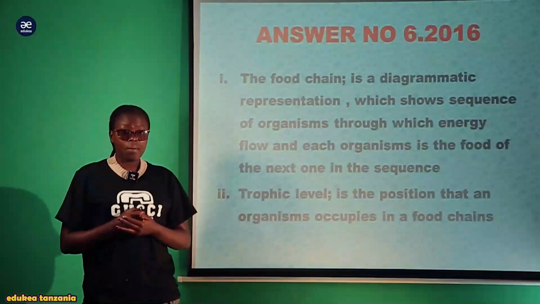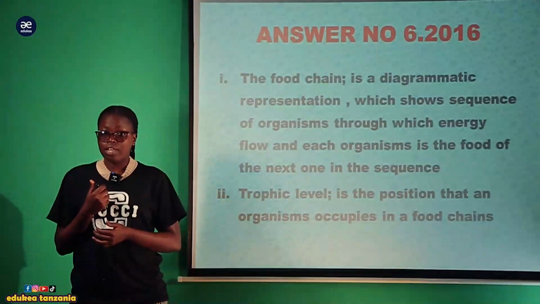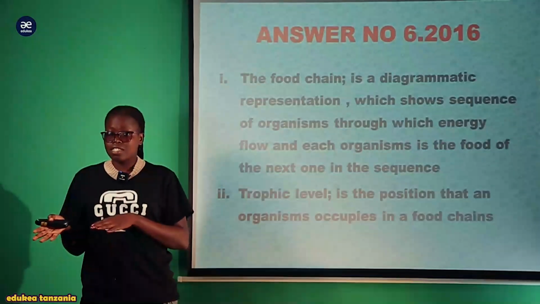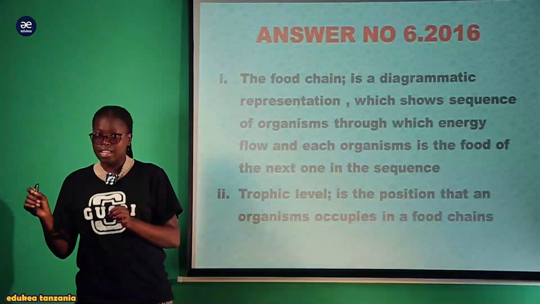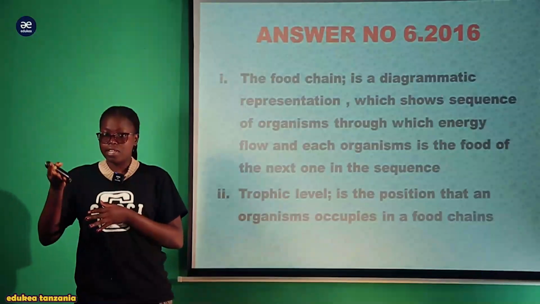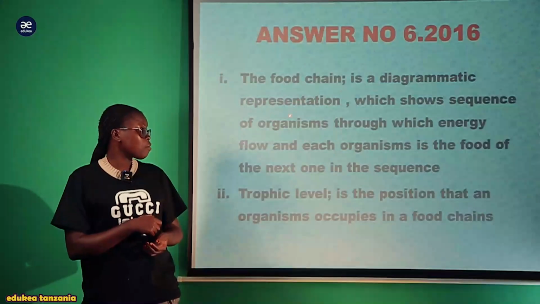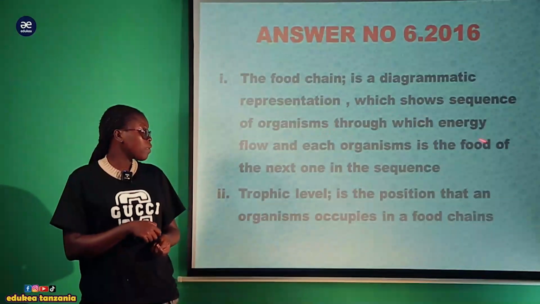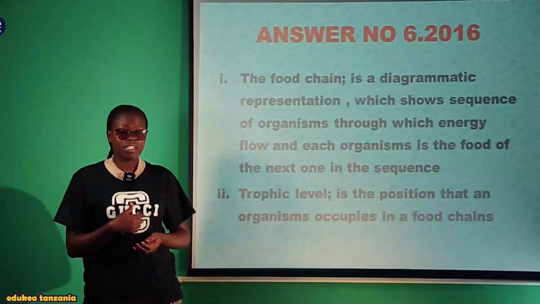Starting with the first one, you are needed to give the definition of the food chain. Once we talk about a food chain, it means there is a sequence or a linearity, something in a straight line. That's why you call it a chain. So the food chain is a diagrammatic representation which shows the sequence of organisms through which energy flows, where one organism is the food of the next one in the sequence.